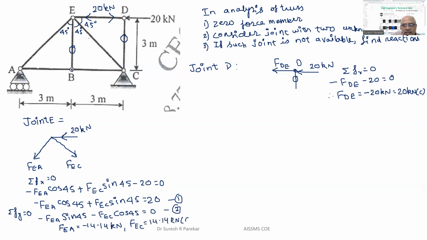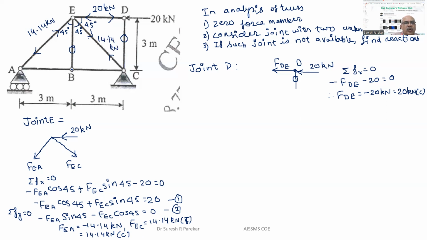As it is plus, it is tension, and as it is minus, we have compression. So FEA is compression, and we show here FEA compression 14.14 kilonewton, and FEC is in tension, which is 14.14 kilonewtons.